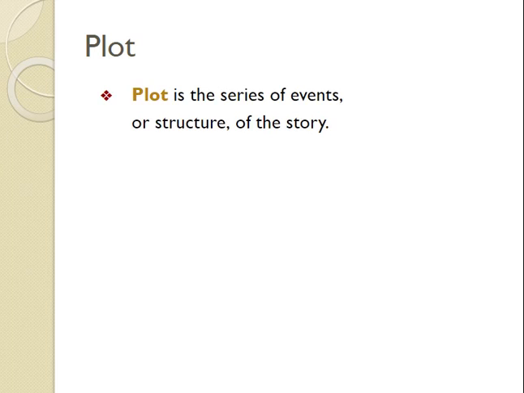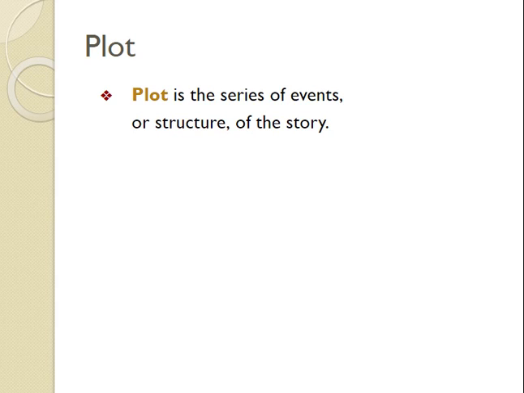So we'll start with plot. Because when people say, what was that story about? Usually the first thing they mean is the plot. That is, what happens, the series of events in the story. The bullet point here says it's the structure of the story. In a way, they don't always overlap. There are some stories that have a plot that would go from point A to point Z. The structure doesn't always go A, B, C, D, E, F. It might actually jump around.